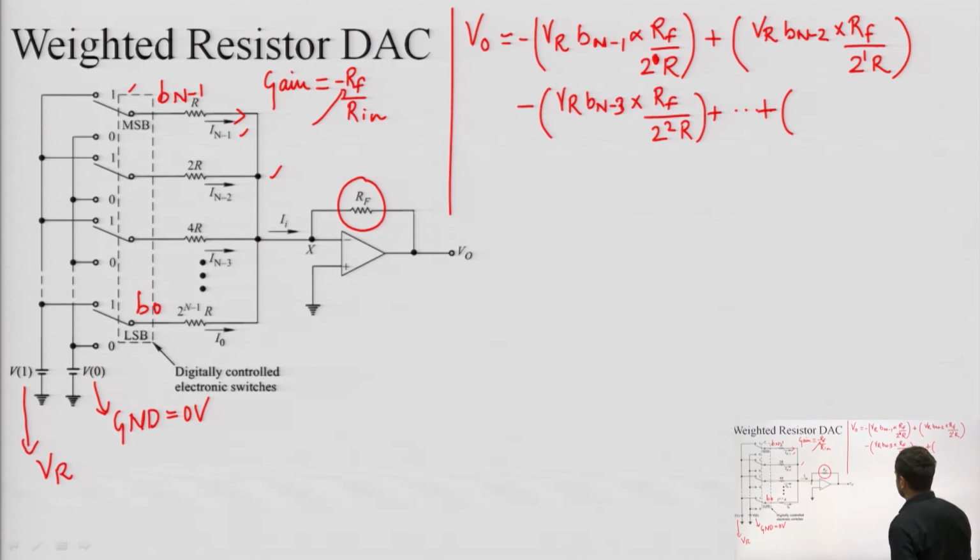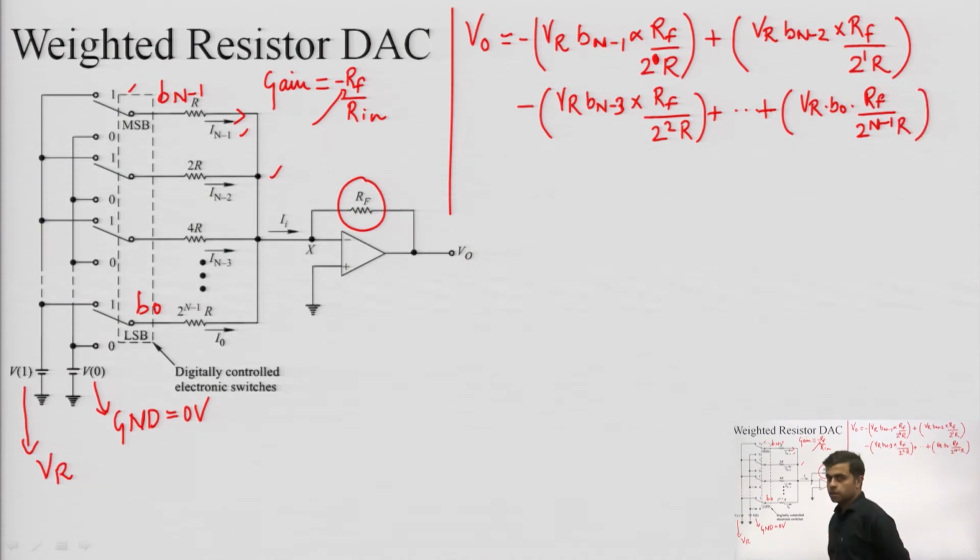Similarly, for the last branch, VR into B naught into Rf upon 2 raised to power n minus 1 R. Okay. So, this is the sum total of all the branches.